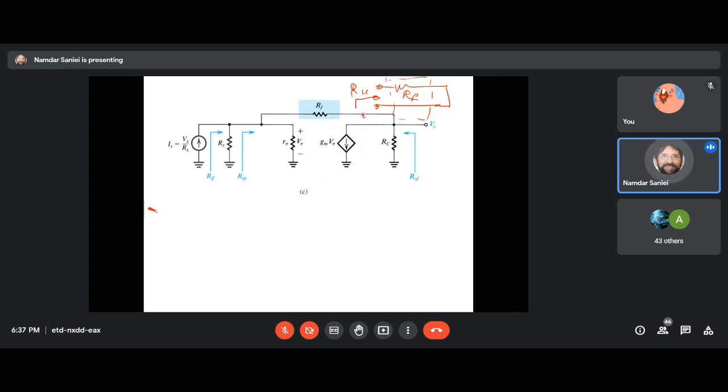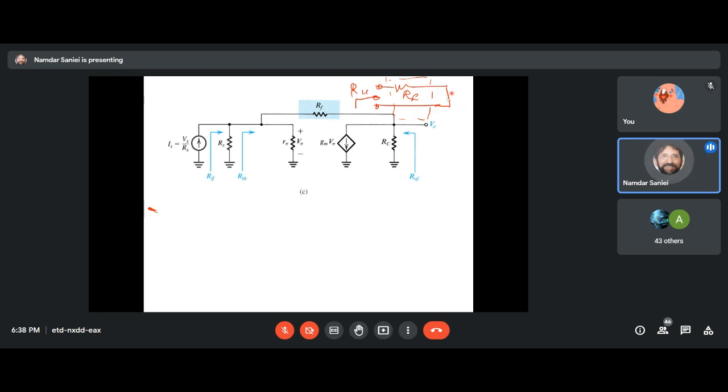And RF, with respect to a line which goes through the ground. So it's like a two-port network. As you can see, the dashed line contains RF and a line of ground.